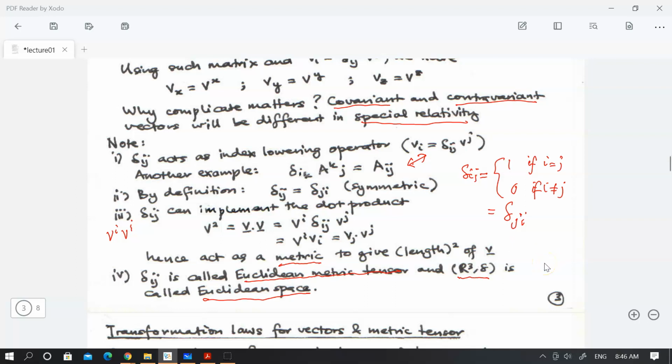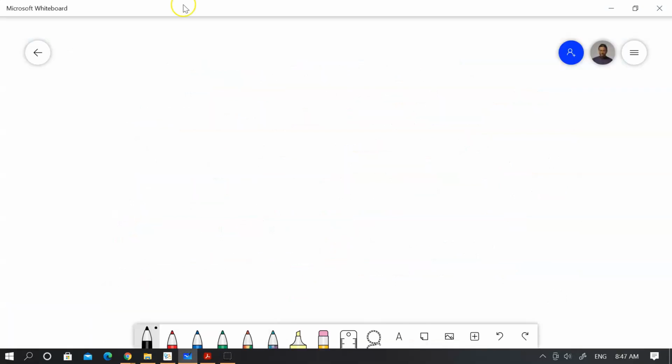Any questions so far? Could you repeat the explanation for number 3? I don't really get it. Okay. What I'm trying to say is, if you remember what a dot product is, maybe I'll go to this whiteboard here. A dot product in the usual sense is just this thing.